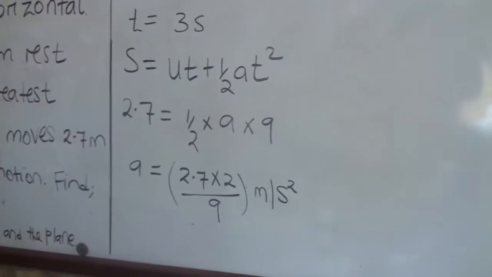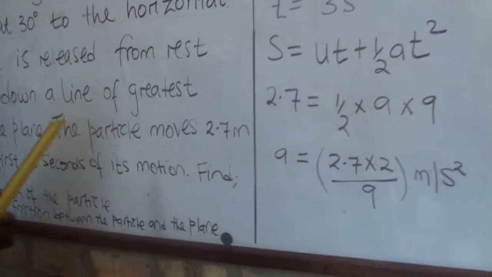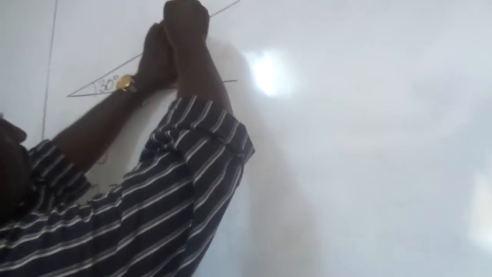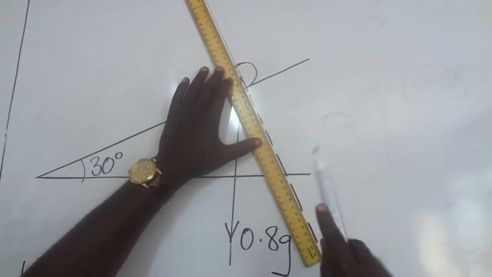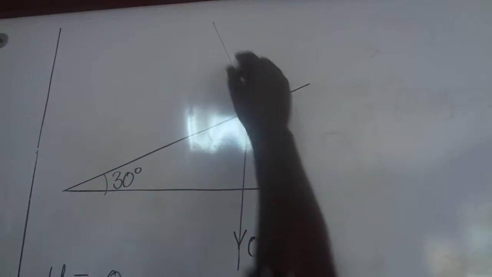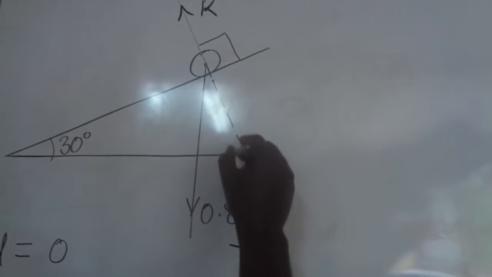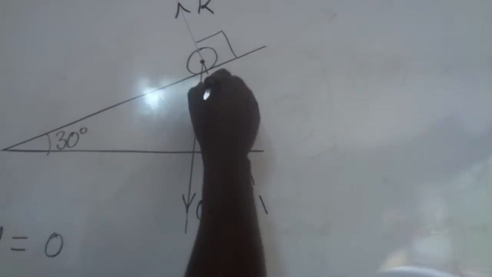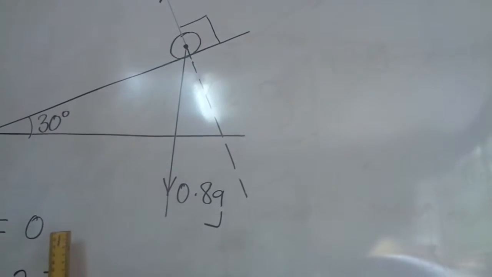Now part 2 wants us to find the coefficient of friction between the particle and the plane. Now we shall have the normal reaction at this point. The normal reaction is perpendicular to the plane, so you need to make sure that this angle is 90 degrees. This one is the normal reaction, R. Then this is the component of the weight perpendicular to the plane, and I'm going to explain how we get that.